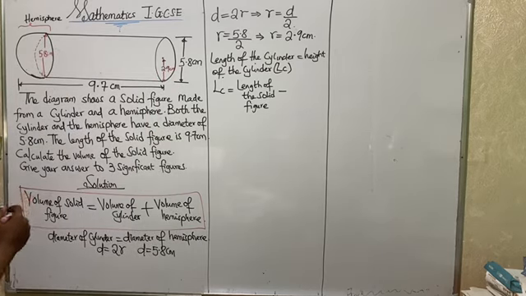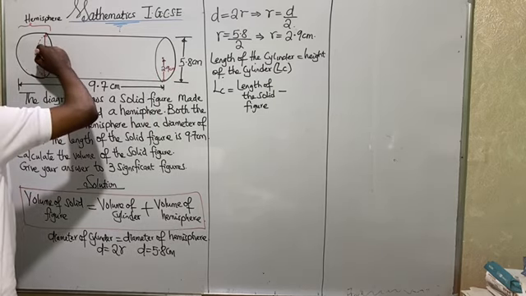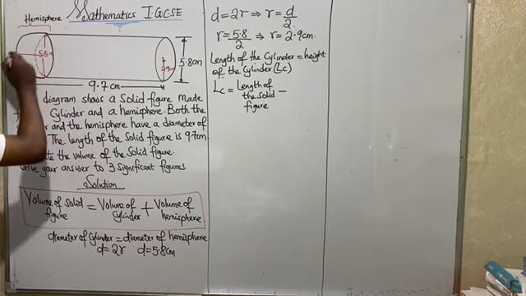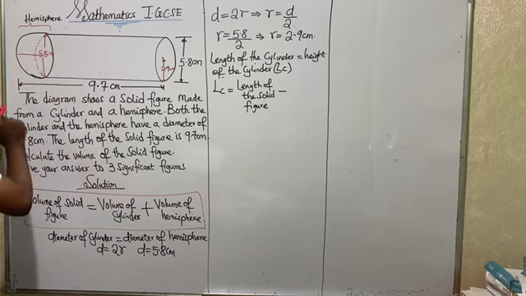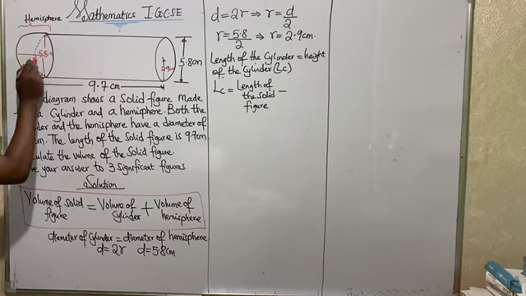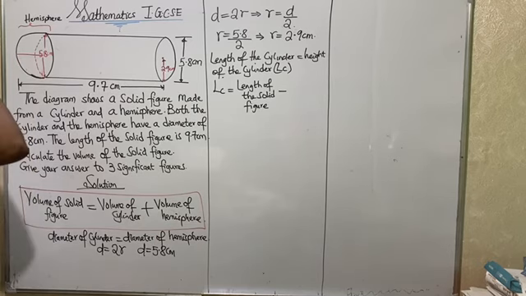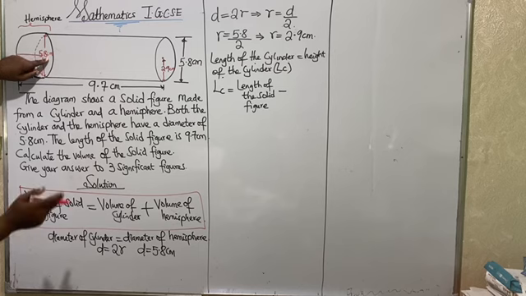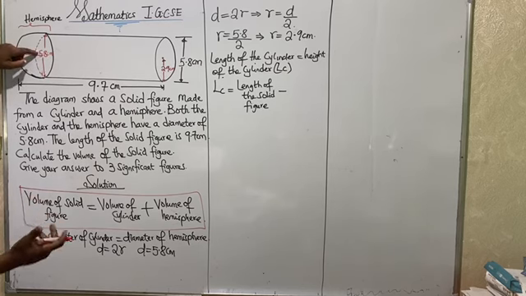So if the radius is 2.9 centimeters, now we know it is the distance from the center to the circumference. Now we have the hemisphere, and the diameter of the hemisphere is 5.8.